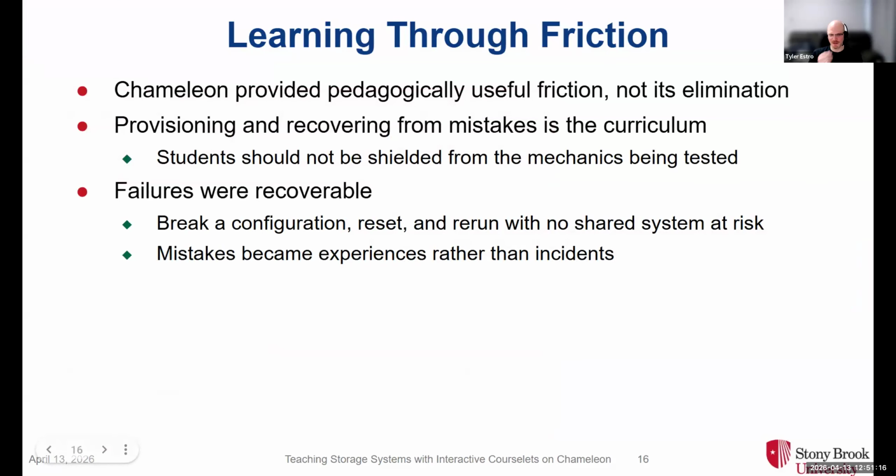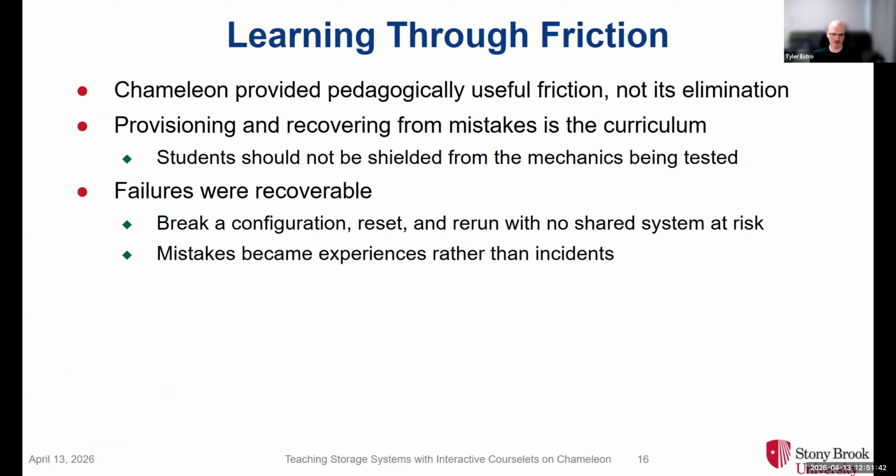The important thing to understand about all of this is that the right sort of friction can be extremely useful for teaching storage or systems in general, right? With the complexity of setting up the VM and figuring out how to provision storage volumes, we want them to struggle a bit with these tasks in the right way, of course.